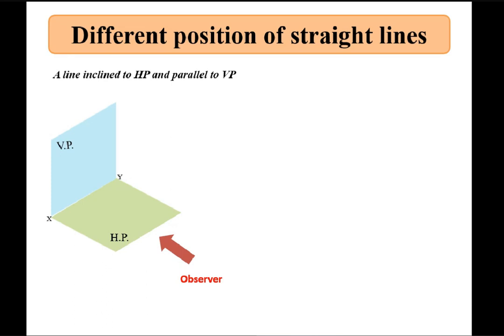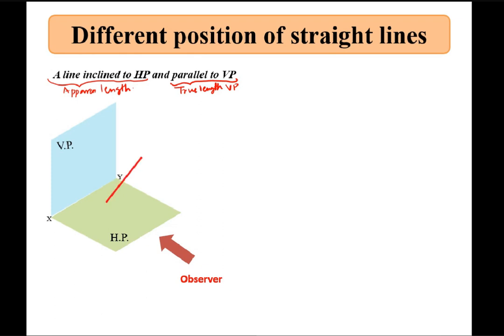So the line is inclined to HP and parallel to VP, so the true length will be on VP and on HP I will have the apparent length. I can say this just from this statement. Now, let us check how this is happening.